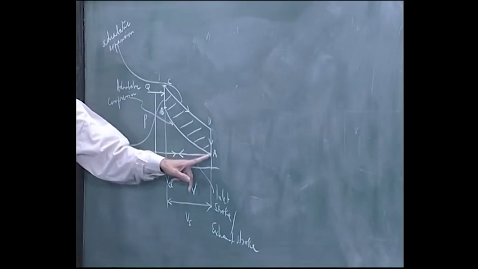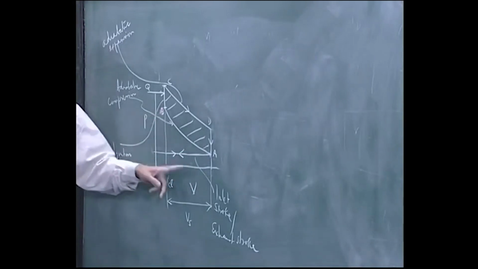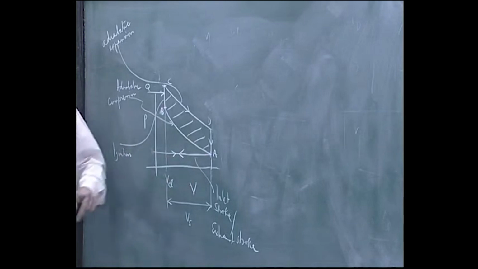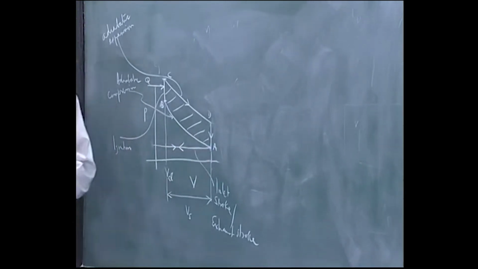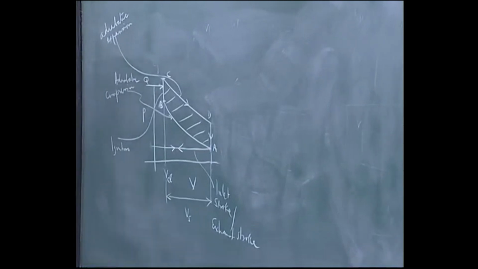In actual practice, these things are rounded off. It does not happen exactly like this, because the valve has to close, and it takes some finite time and so on. But if you look at the whole process, it is sort of controlled.